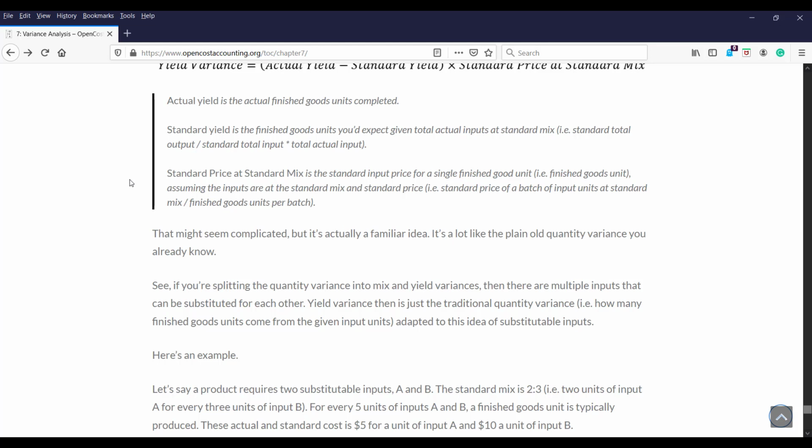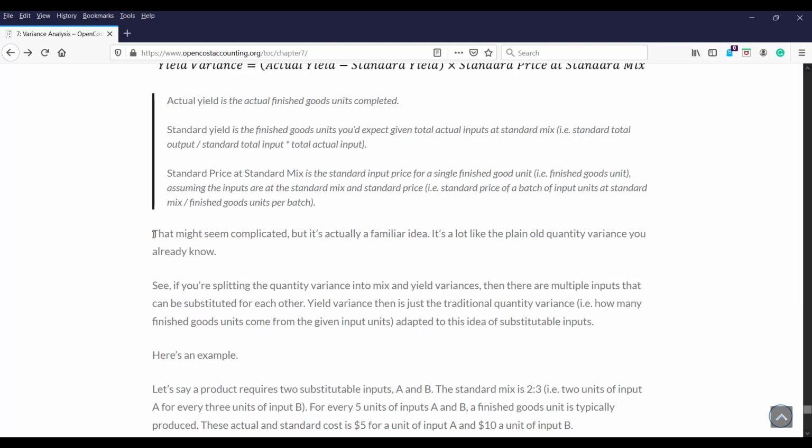Product 2 has $20 price per unit, and we're expecting 1 per batch of that. So we have 20 as the product 2 component, and you add those together. That is your standard price of a batch of input units at the standard mix. You have $50. You have 4 total units, finished goods units in that. And so you have $50 over 4. You end up with $12.50. That would be your standard price at standard mix.